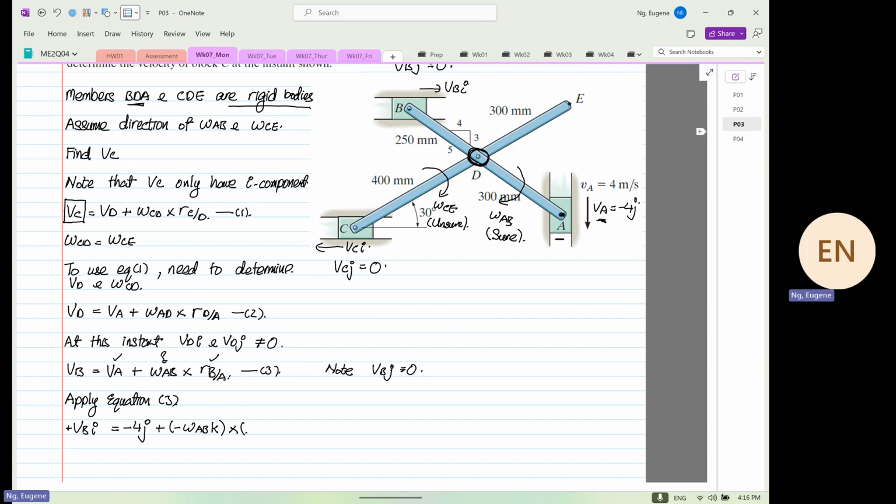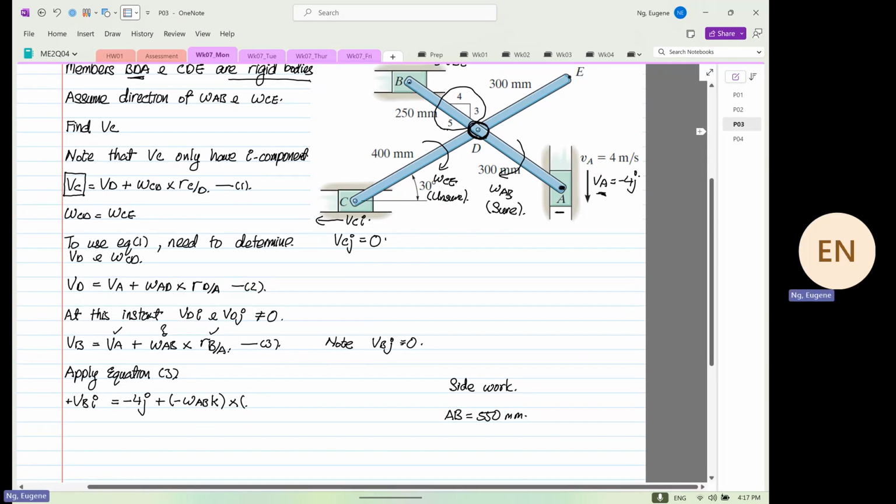So if you see the ratio of the length, before we do that, we do some side work. The side work: member AB is equal to 550 millimeters, and we know this angle over here.